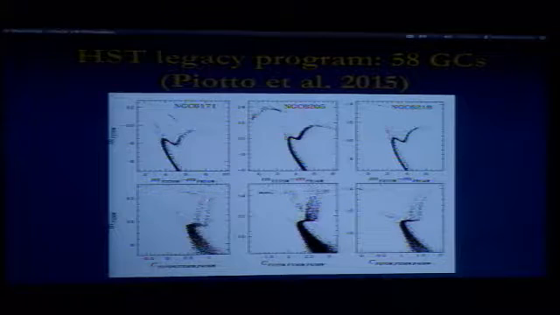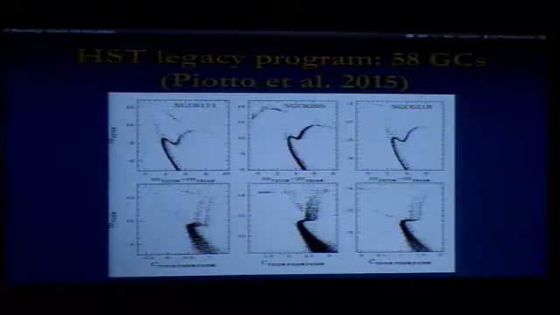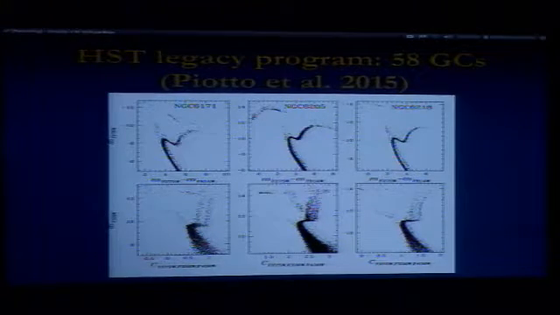And you see that, particularly in the subgiant branch, you can distinguish very clearly different sequences, which correspond to different nitrogen abundances. And the difference is so large that it requires that this difference in nitrogen abundance is actually a difference in oxygen abundance also. So you can use this to make a much larger statistics than is possible from spectroscopy to study the sodium-oxygen anticorrelation.